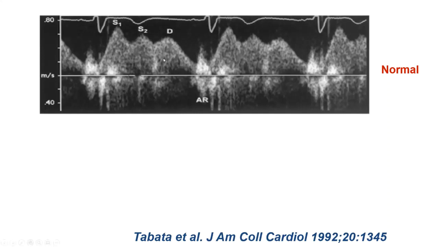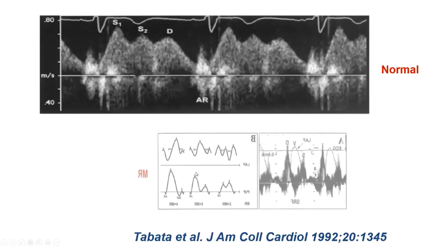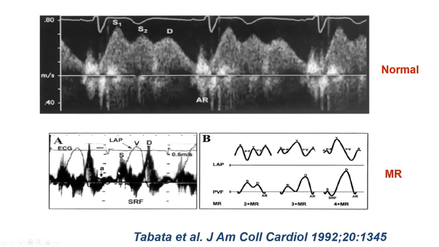So here's the normal situation with three waves: prominent S1, S2, and a D. Now, as mitral regurgitation happens, the height of the S wave diminishes, and one can have frank reverse flow. In fact, the more the reverse flow, the lower the systolic component of the pulmonary venous trace.